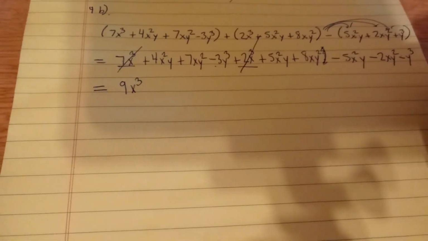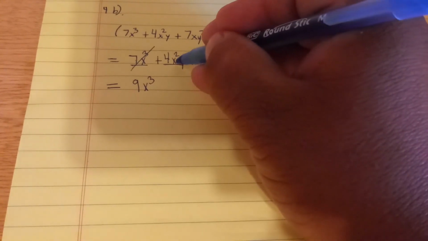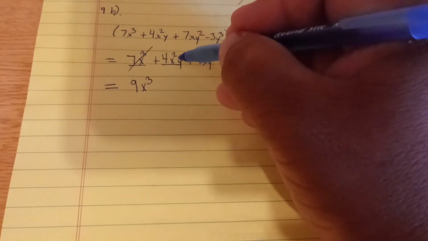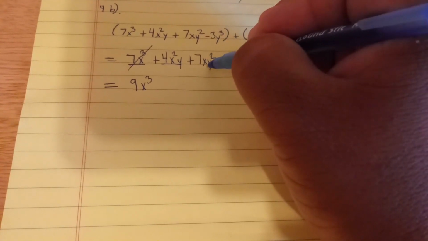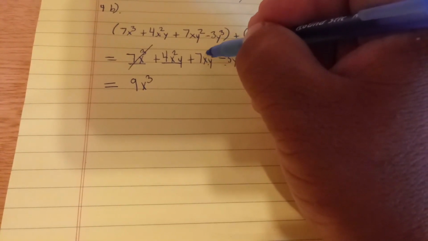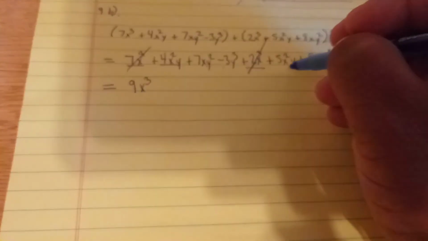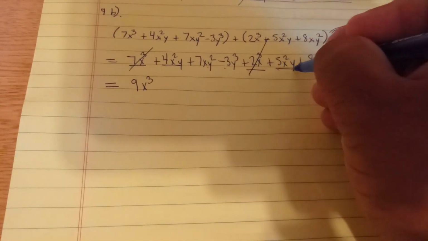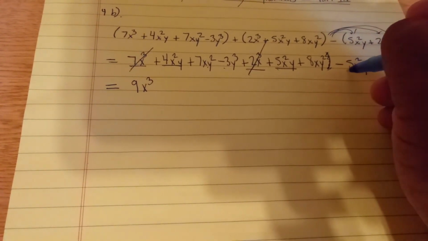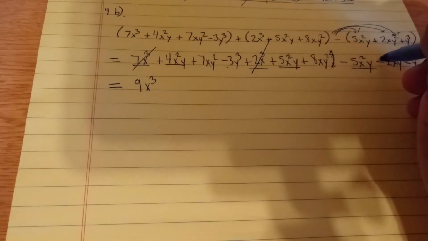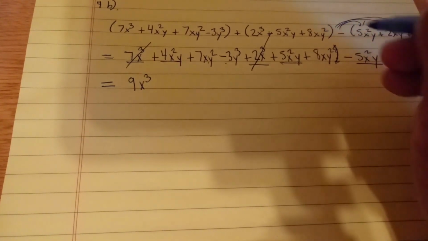Now we're going to go ahead and take a look at the next one. The next one, we have the term where you have the x squared and y. And remember, it has to be exactly alike. So it can't be on this one because the x is to the first power and y is squared. So you cannot collect that one. So you move on, and here we have another match, x squared y. And over here we have another match, which is also x squared y. So for this particular one, we're going to have three of them.